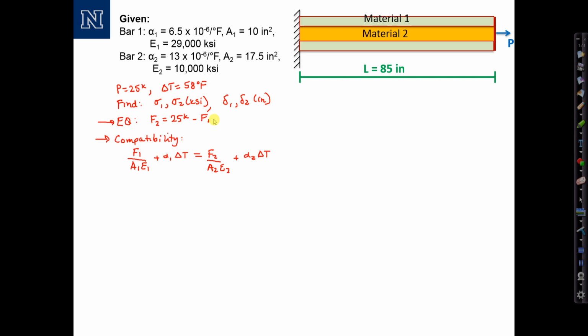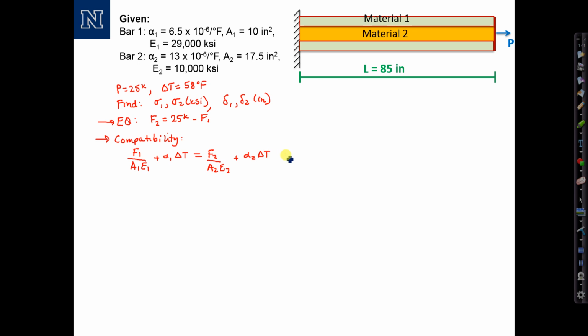From equilibrium, we found that the internal force in member material 2, F2 equals 25 kips minus F1, both assumed to be in tension, and our compatibility equation, that the deflections were equal, reduced to this equation right here. So I'm going to start with the compatibility equation.